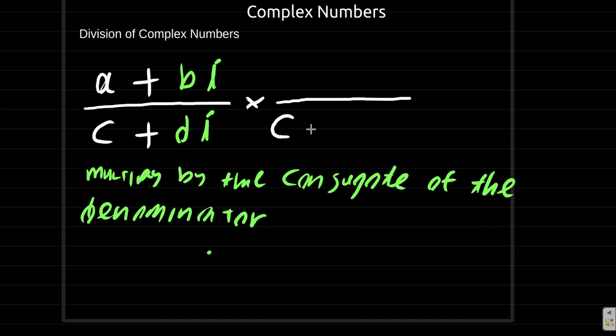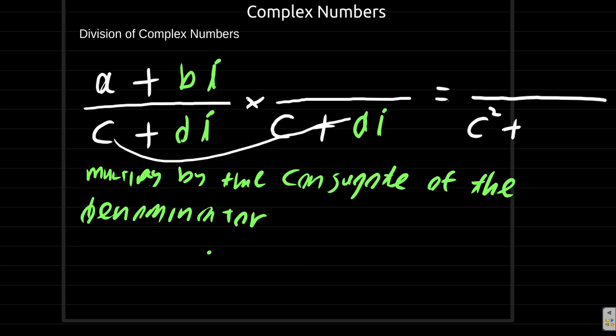We have C plus DI. Let us concentrate on the denominator for now. What do we get? The denominator of the answer. It will be C times C, which is C squared plus C times DI.